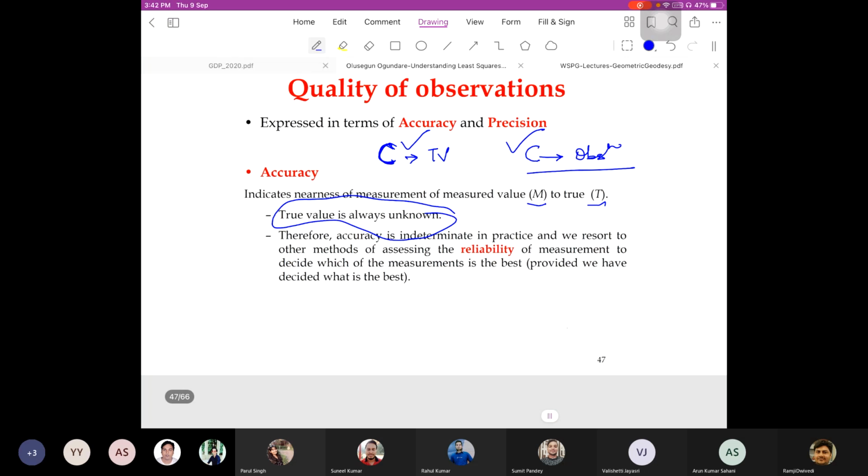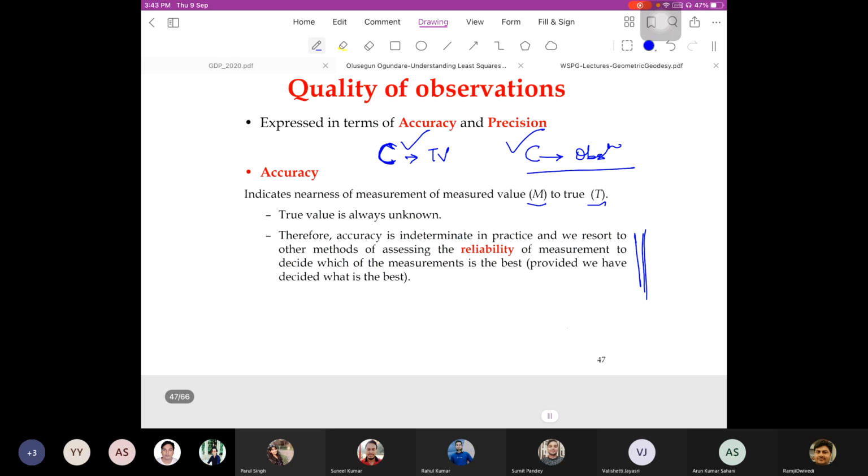It's a very critical line of our geoinformatics adjustment computation, that we do not know the true value.